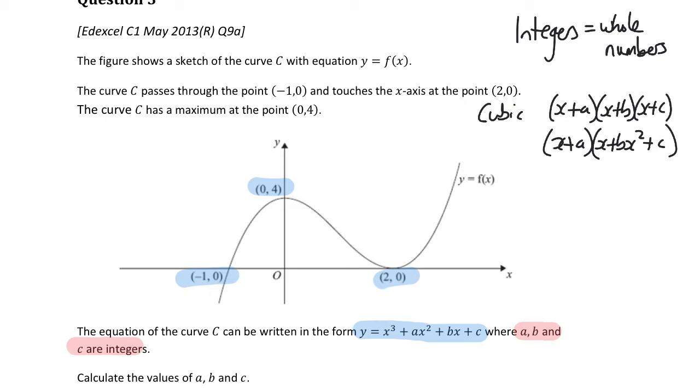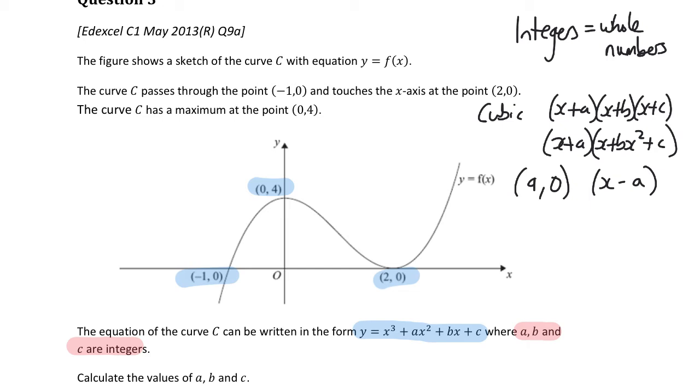I also know that if a curve goes through a point a, 0, so that's a root, then x minus a will be a factor, from the factor theorem, similar to question 1.